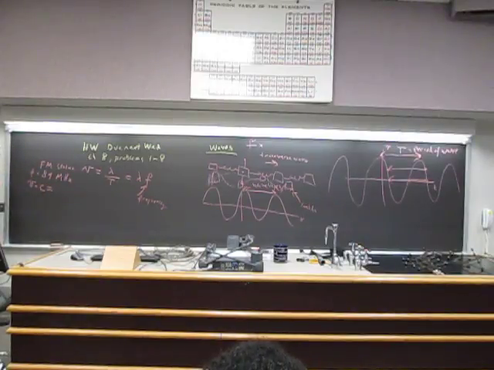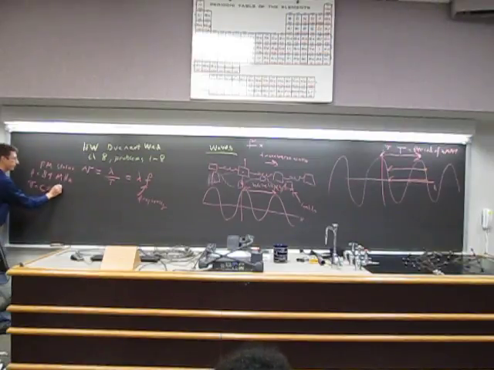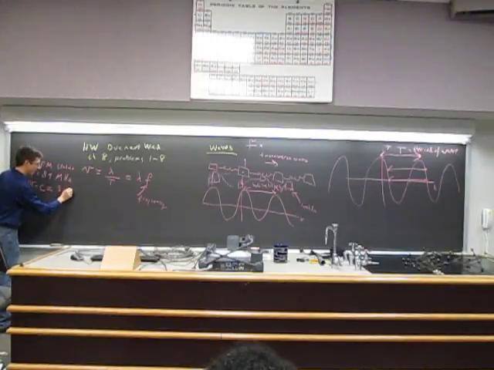Does anyone know what the speed of light is? Any chance, just from background knowledge? 186,000 miles per second, yep. And in meters, it's about 300 million meters per second, roughly. It's 299.7 something.